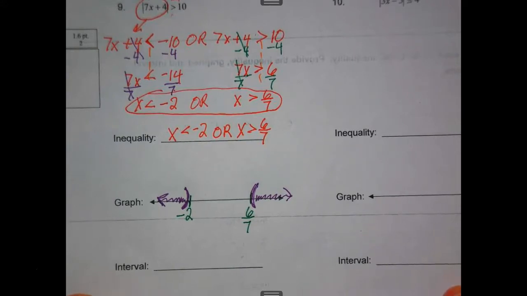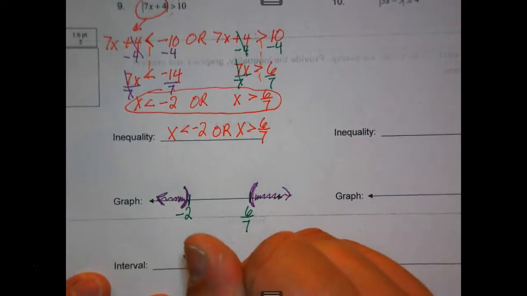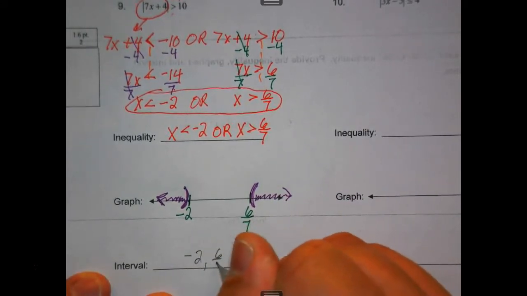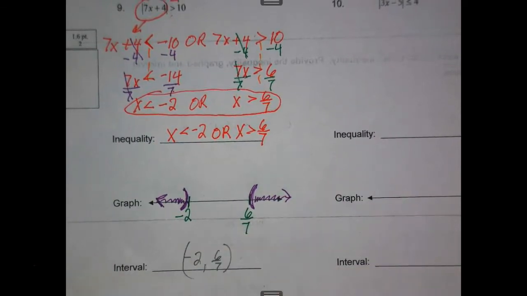I got a lot of interesting stuff for interval notation too for OR problems. For some reason, a lot of you thought this was the interval. This is not the interval for an OR problem.